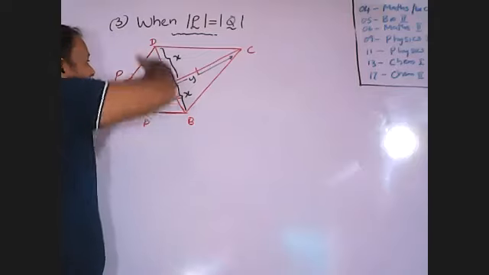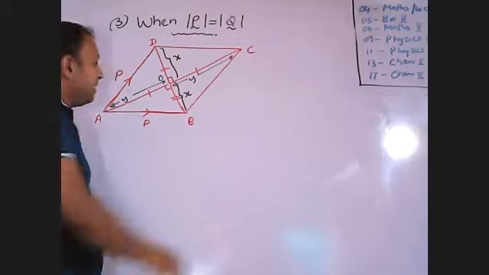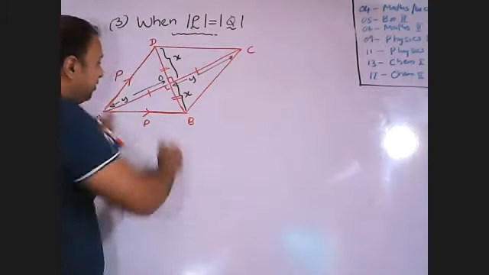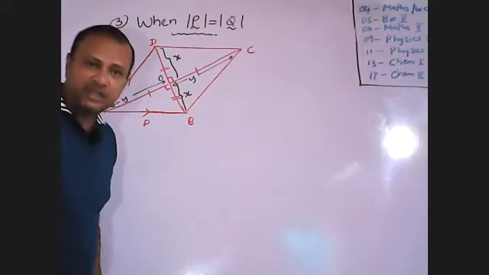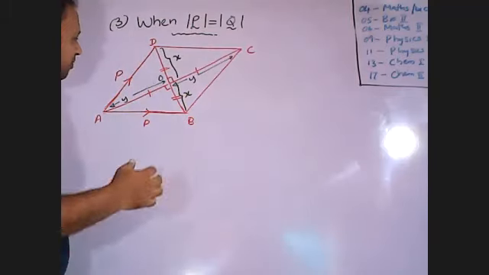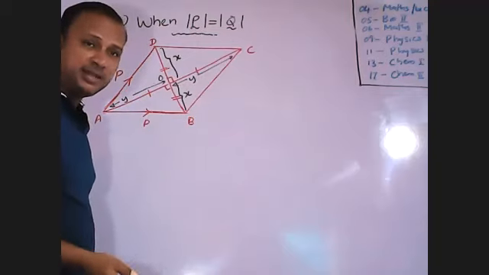And DB length is equal to 2X. That means the magnitude of R, the resultant force, is equal to 2Y. Magnitude of the difference is equal to 2X. So if it is a rhombus, DB and AC are perpendicular bisectors.